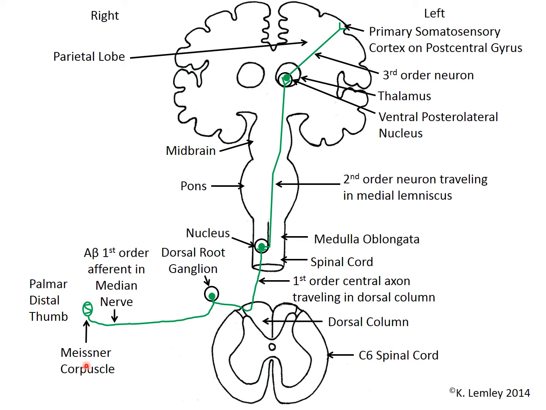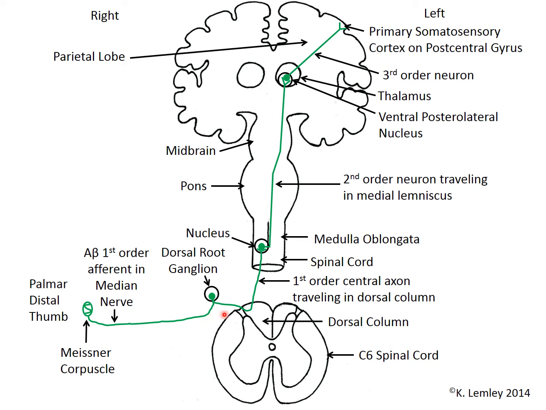It will have an A beta first order afferent, and because the median nerve innervates the skin of the distal thumb, this afferent will be traveling in the median nerve. It's going to have its cell body in the dorsal root ganglion, and then it's going to enter the C6 level of the spinal cord, because C6 is what innervates this area of the thumb based upon my dermatomes.